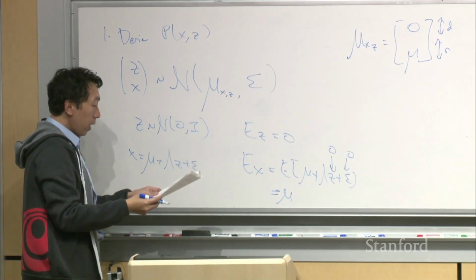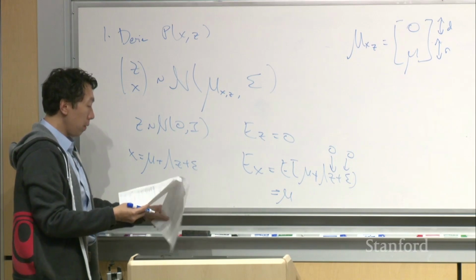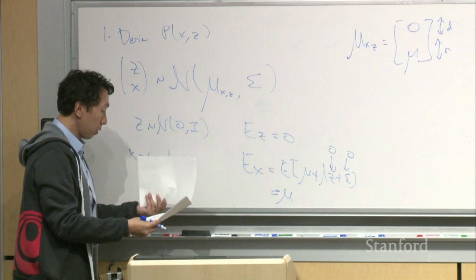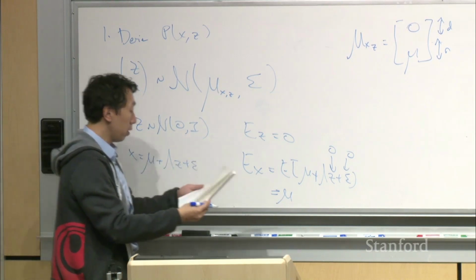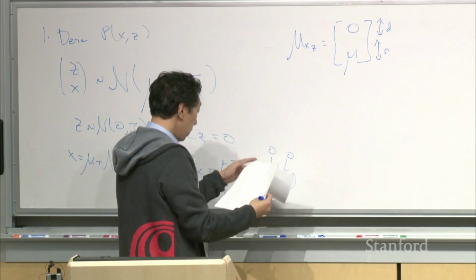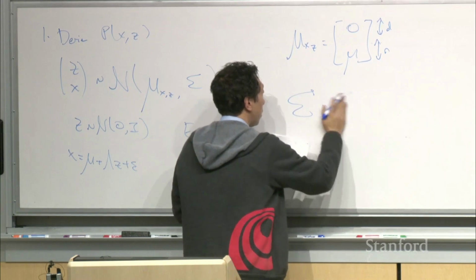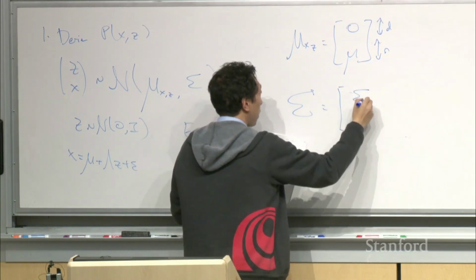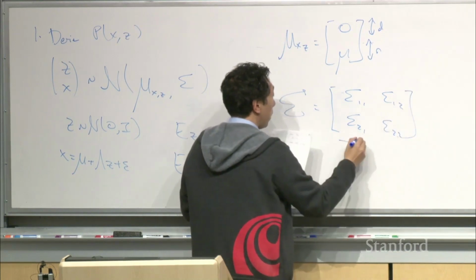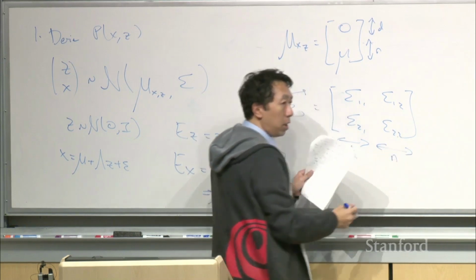And it turns out that you can similarly compute the covariance matrix sigma, where this is d dimensions and this is n dimensions.